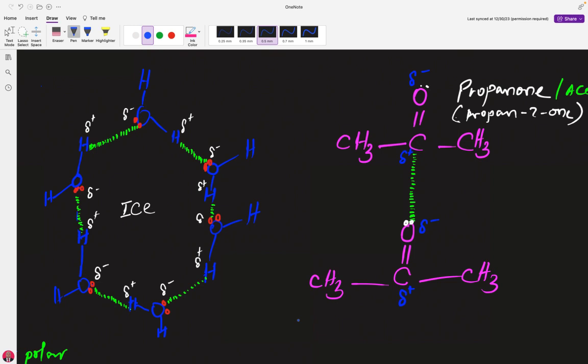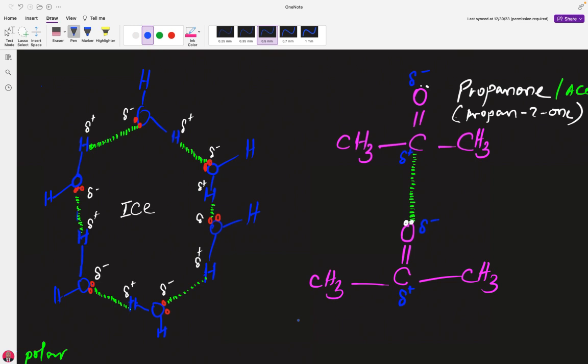Then again, for the purpose of revision, for a compound to be polar, there must be a high difference in the dipole moment. Then the central atom has at least one lone pair of electrons.